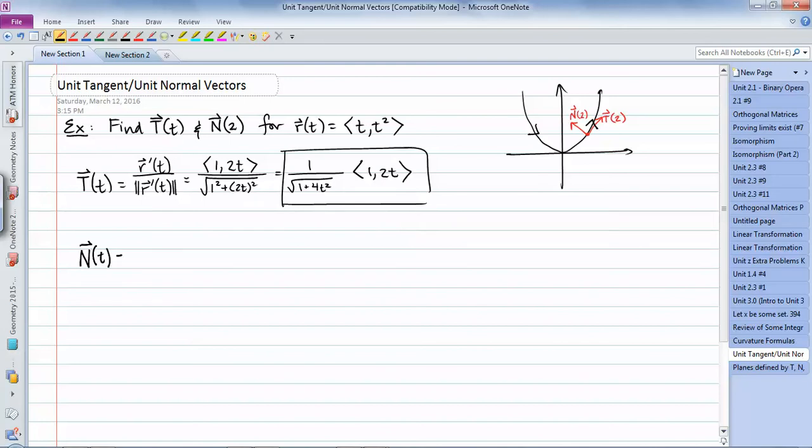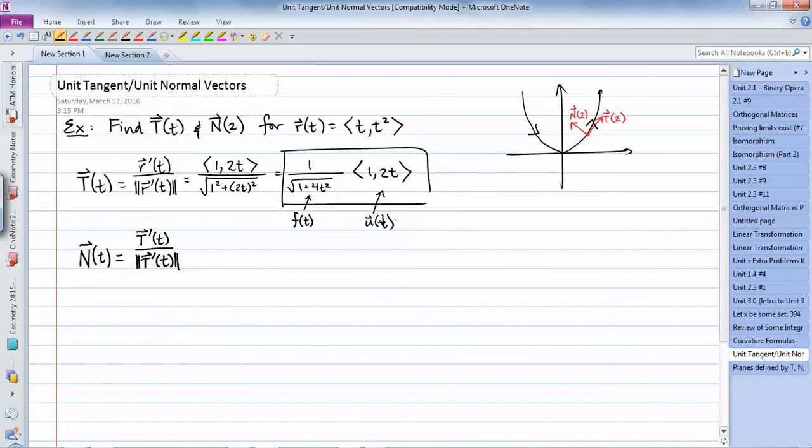Okay, so let's take a look at N of t. Now we know that that is defined as T prime of t normalized. Now, if you wanted to do this, you could. This gets ugly fast because T prime would require you to take the derivative of this vector in that box, where you'd have to treat this as a regular function times a vector function.